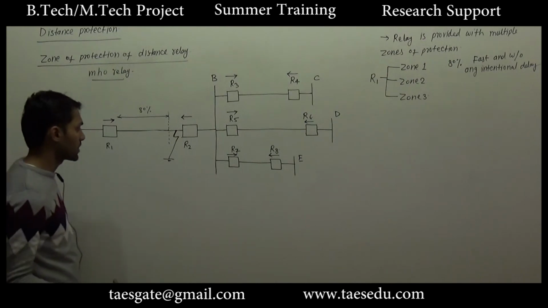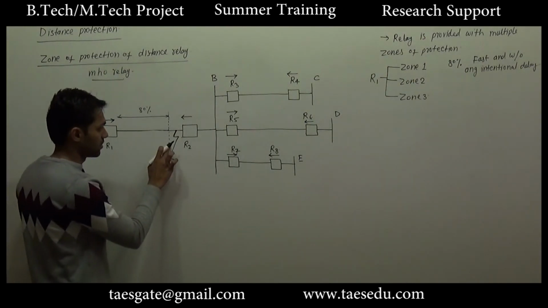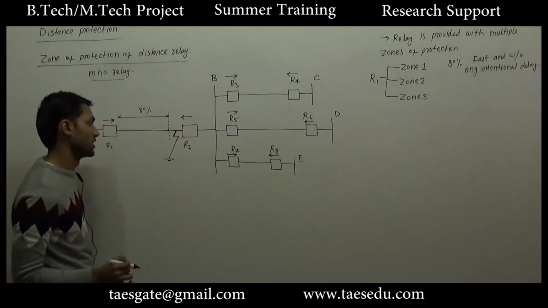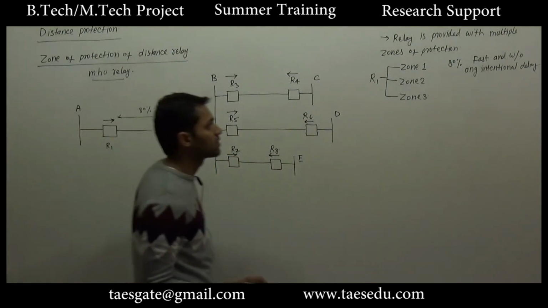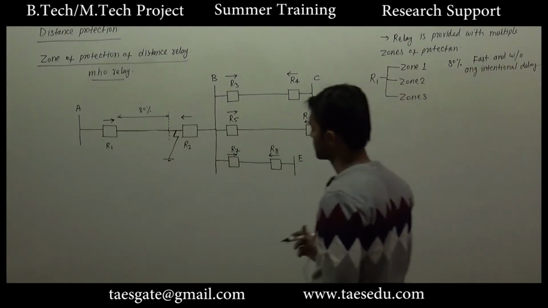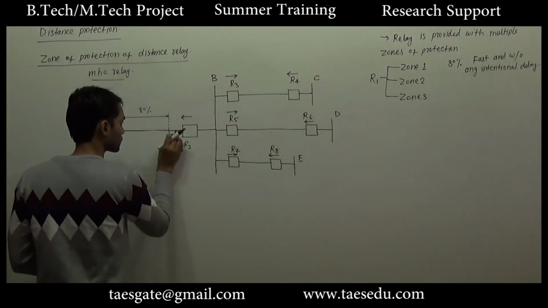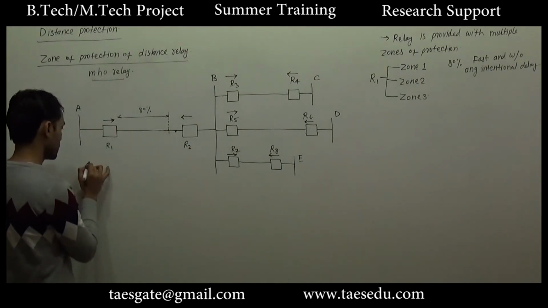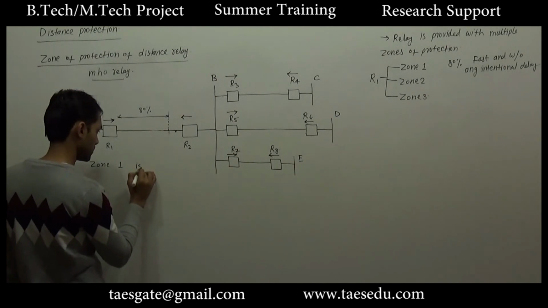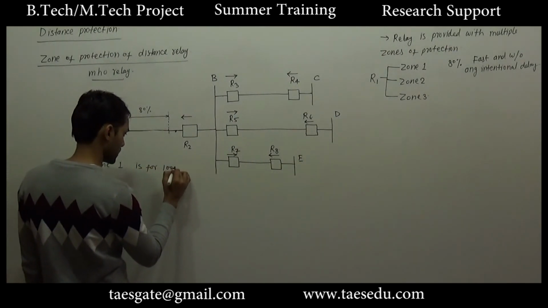Now one can ask a question: why has this part of the primary line been left? Why not set zone 1 protection for 100% reach? Let's say zone 1 is for 100% reach.